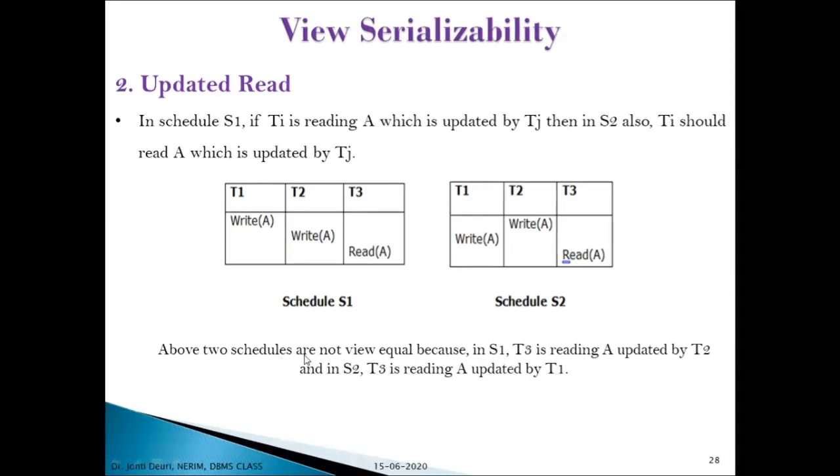So the above two schedules are not view equal, because in S1, T3 is reading A updated by T2. If here also it were T2, followed by the read operation, then they might be view equal. But here it is not done like that.